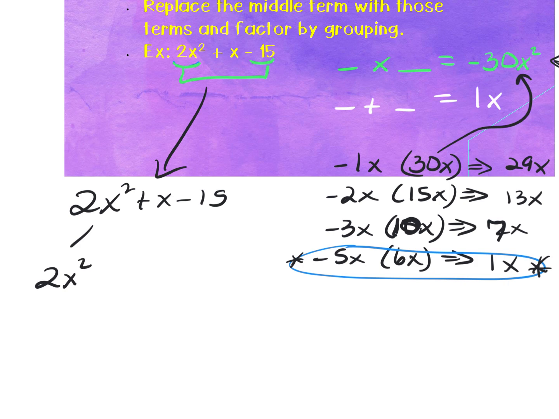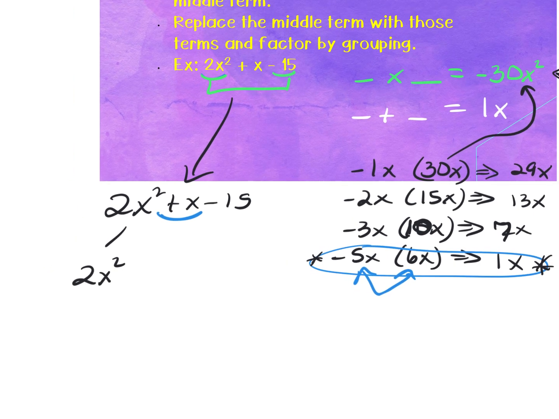I'm now going to replace the middle term, this positive x, with these two factors. It doesn't matter how you put them in. You can choose. So if I go ahead and put in, let's say you think, I'd rather put the positive 6 first and then the negative 5. It's not going to matter. You're going to get the same answer either way.